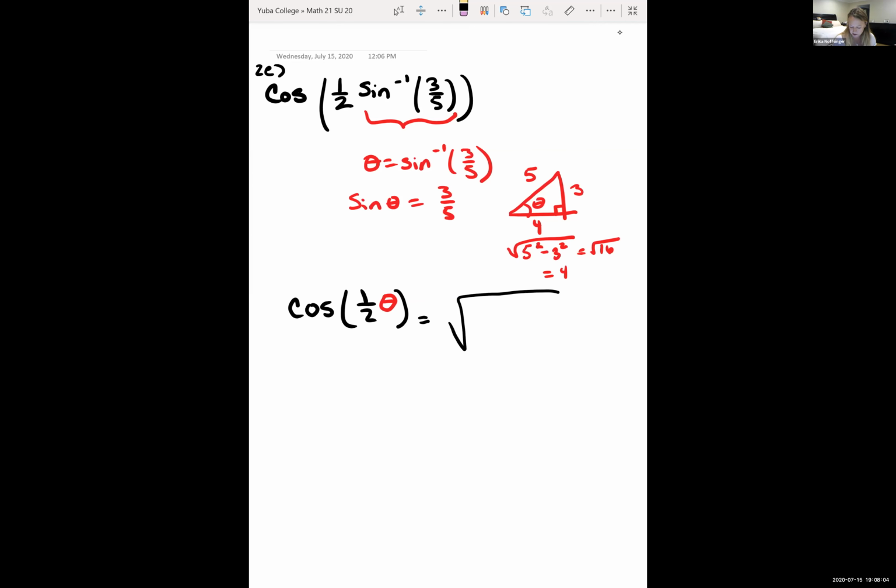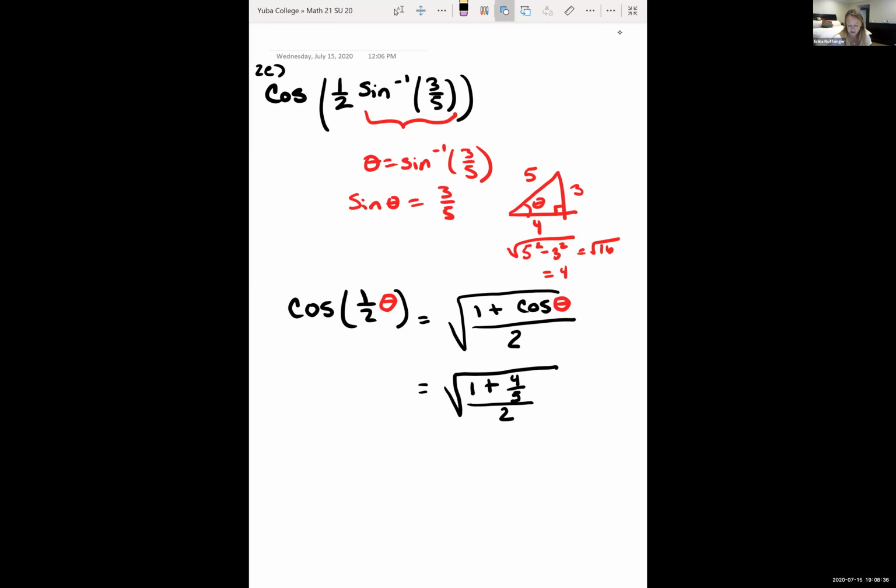This is a cosine, so 1 plus cosine of theta all over 2. Well, we had the triangle up there, so we could figure out what cosine of theta is. So cosine is adjacent, which is 4, all over the hypotenuse, which is 5, all over 2.